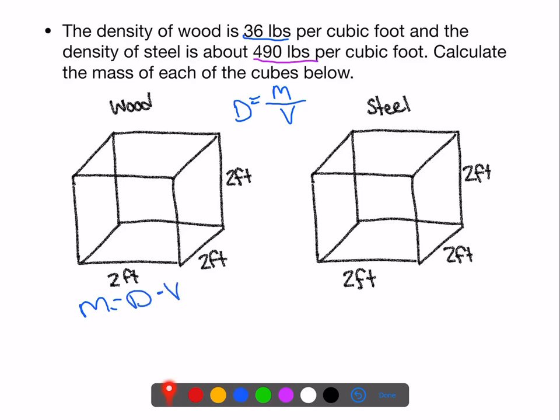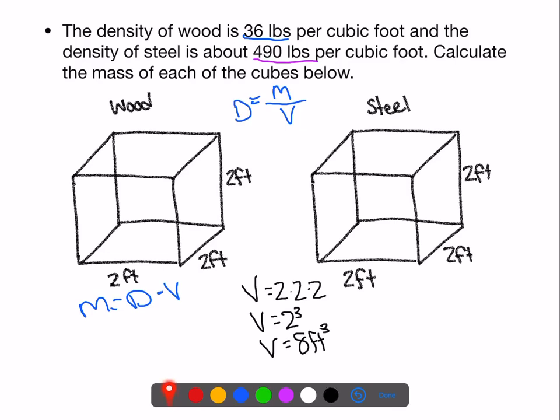Now we already have the density of the object, and we can find the volume just by using our volume formula for a rectangular prism, which is just length times width times height, or in this case, 2 cubed, which is 8 feet cubed, or 8 cubic feet.